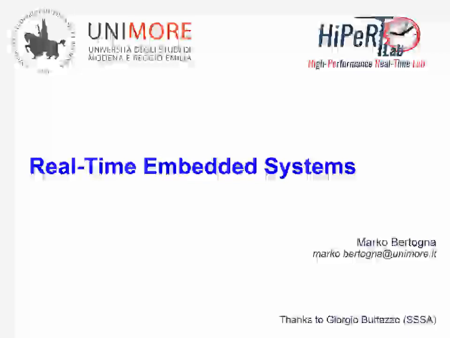Having a control task monopolizing the processing power is not a good idea. It's a good idea for the control. The control is more stable, it's more robust, it works well, but it's a bad idea for the utilization of the computing power that you have underneath. So it's not so good.